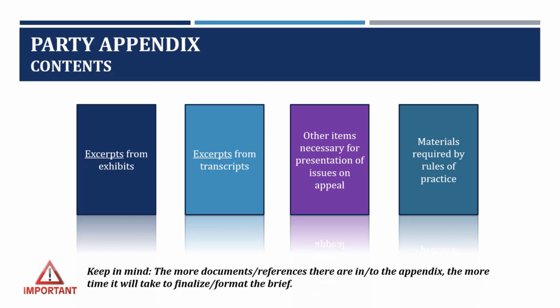And that's also important because under the new rules, you are going to have to bookmark your appendix. You have to bookmark, in fact, the brief and appendix. And bookmarks are a PDF feature. When you create the final PDF, there is a place in the PDF file on the left side where you click and you can see the bookmarks, which allow the judges to navigate through the brief and a party appendix.